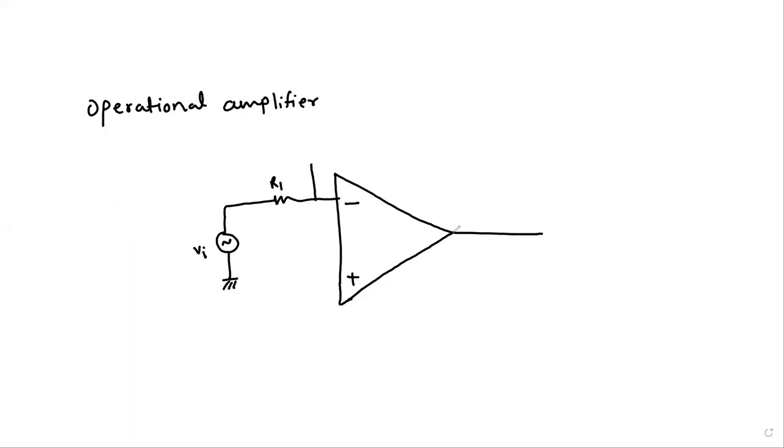And then we have this output voltage terminal, and the output is fed back to the input terminal with a negative sign right over here through the resistor, let's say R2.